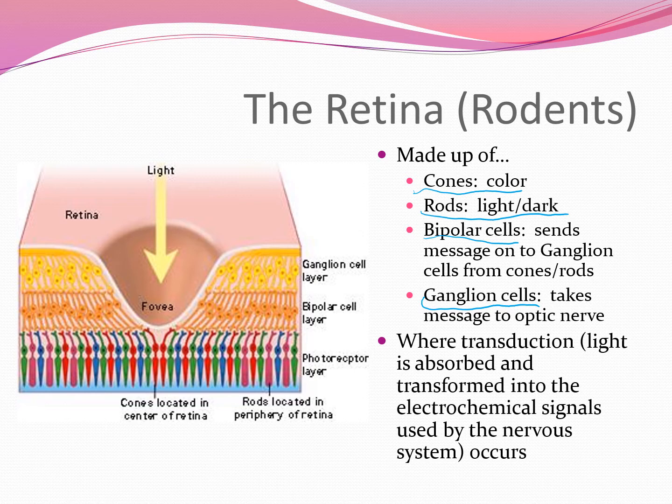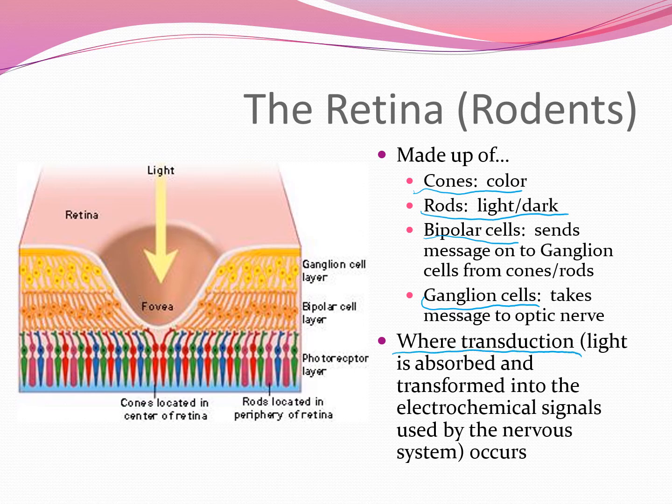Bipolar cells send messages from the cones to the ganglion cells. The ganglion cells then take the message to the optic nerve. And you can kind of see the layering, how you have it there. And notice how the cones only have certain colors, and we'll talk about that in a little bit as well. So this is very important because this is where transduction occurs.